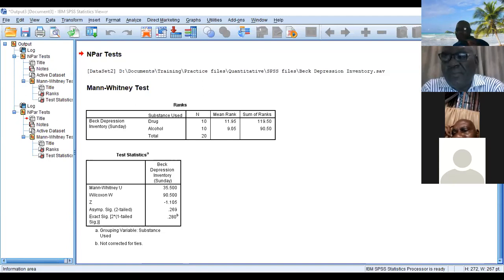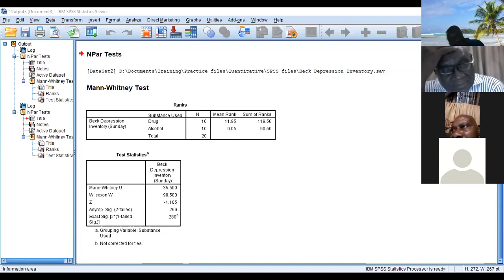Okay. What I'm saying is that for each day, you can run the data set as independent samples. Maybe you run for Sunday as independent samples and you don't get any significant value. You then run for Wednesday and you get a significant value.